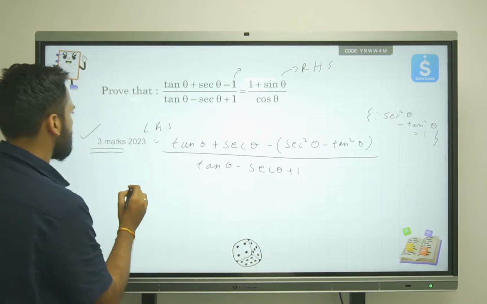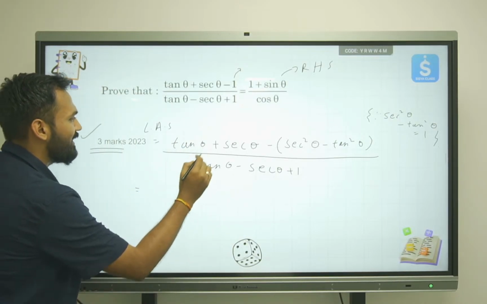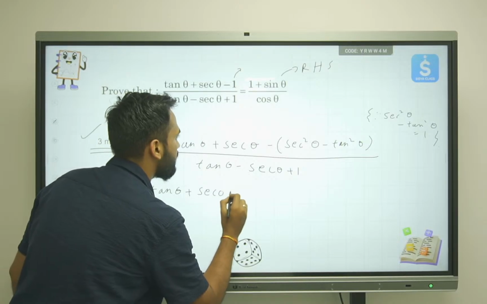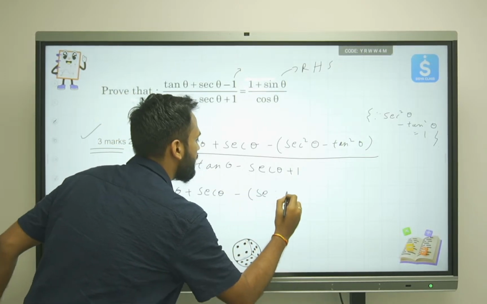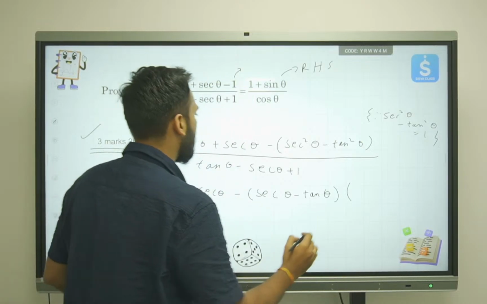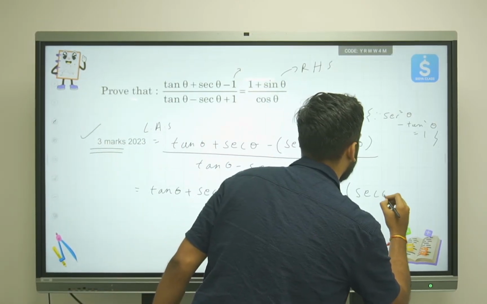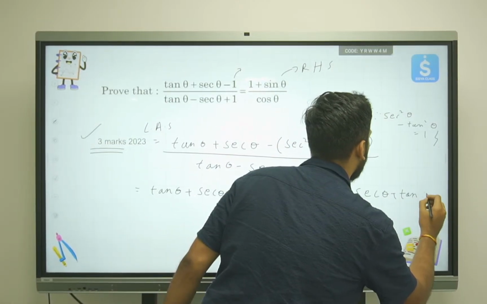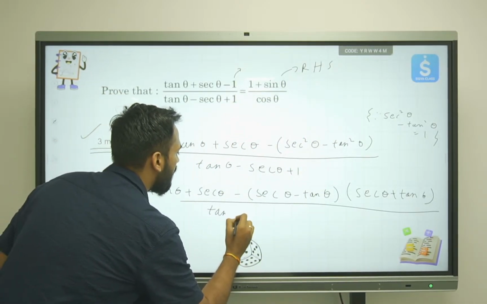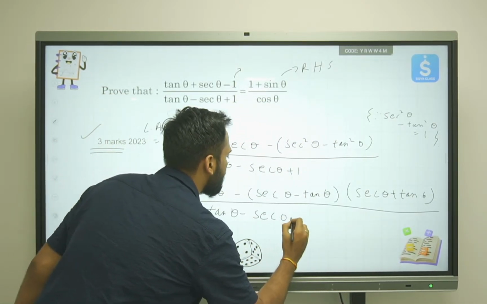Clear. Now let's quickly solve this. Tan theta plus secant theta minus secant theta minus tan theta multiplied by secant theta plus tan theta, upon tan theta minus secant theta plus 1.